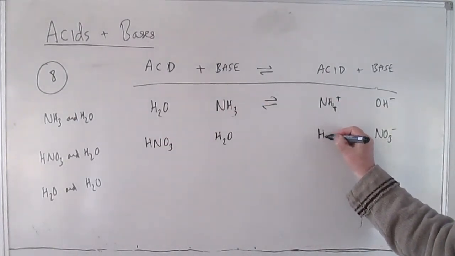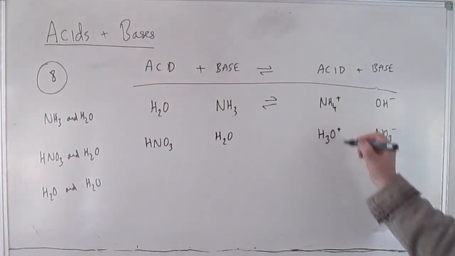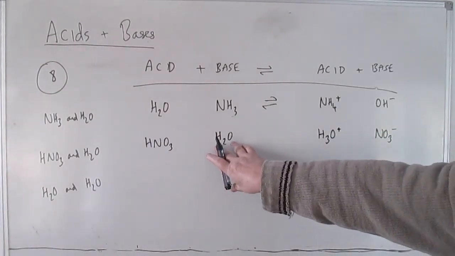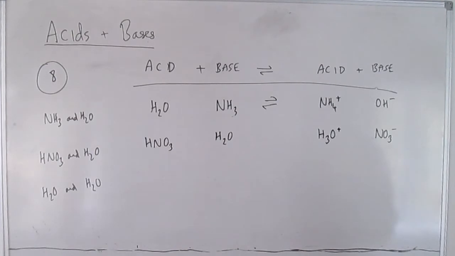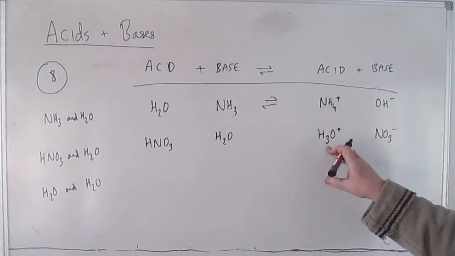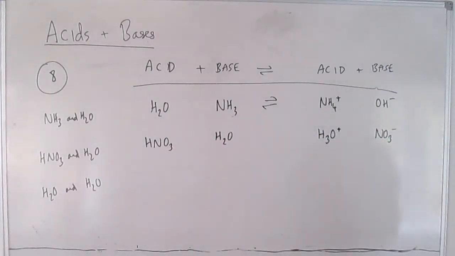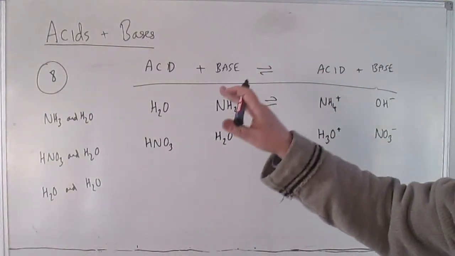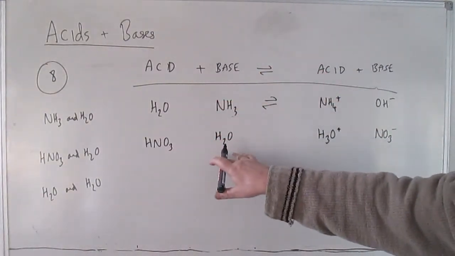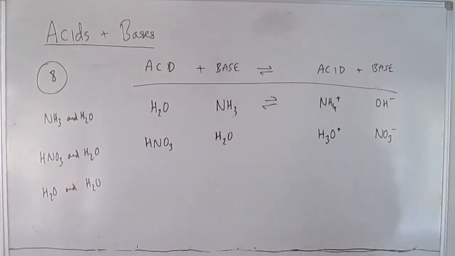The conjugate acid is H3O+, because that's what you get when water picks up the proton from nitric acid. You get the hydronium ion. And of course that could act as an acid, going back in the other direction to donate a proton back to NO3- to recreate HNO3.